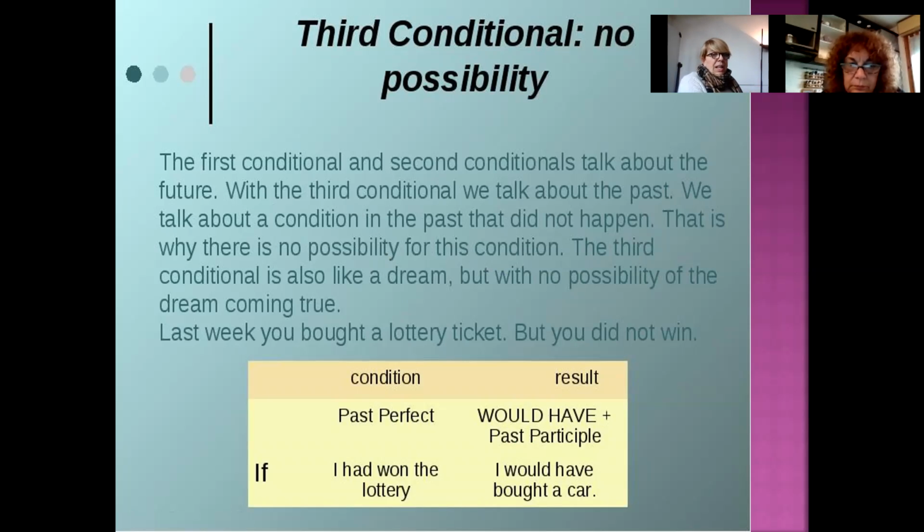The past perfect, then would have, other two words, and then the past participle. That's why sentences seem so long, but actually they are just three parts. Just consider it as a whole, okay? If I had won the lottery, I would have bought a car. Okay, it's not so difficult. It's just a matter of exercise.